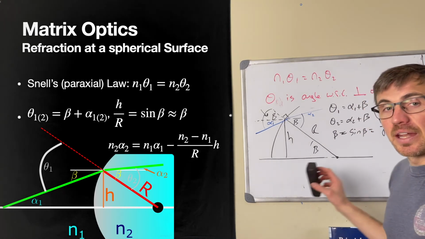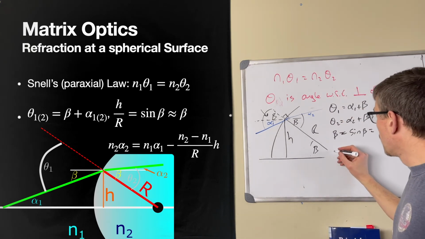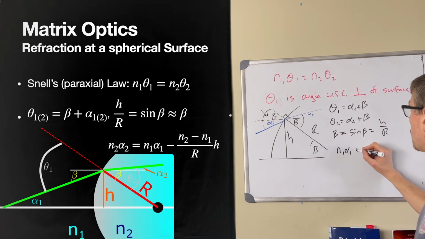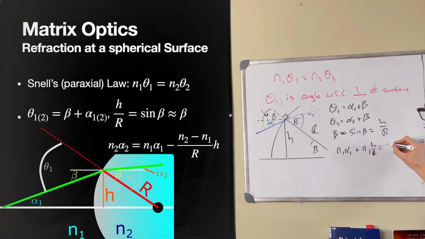Okay, throw that all together, and this is what we get. So let's think about how that actually acts on our ray. Plugging this into Snell's law, we have n1 alpha 1 plus n1 h over r is equal to n2 alpha 2 plus n2 h over r.